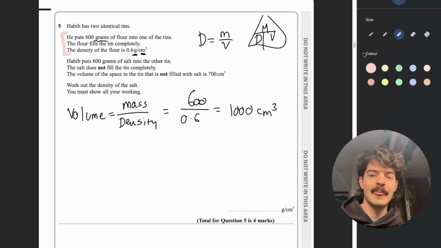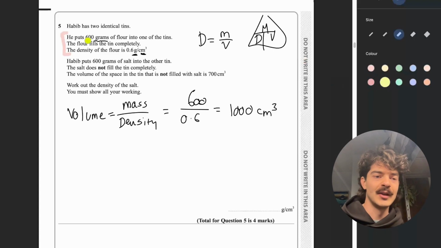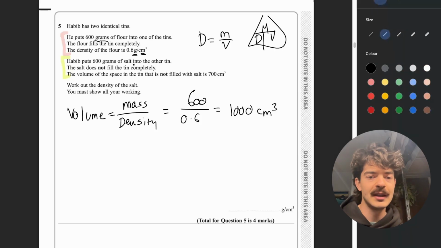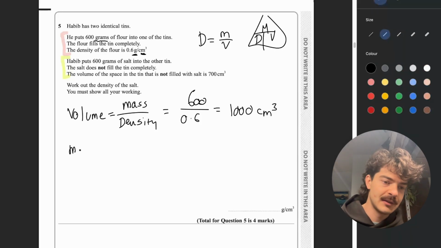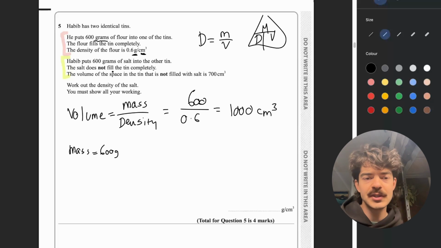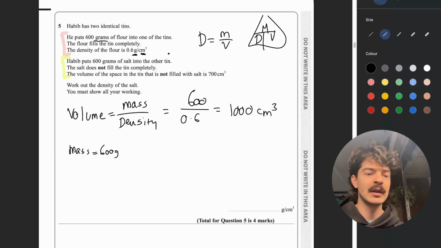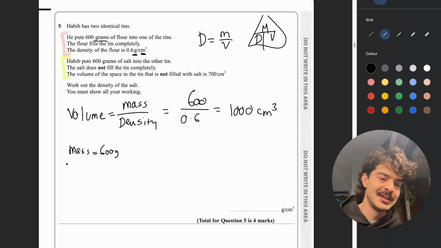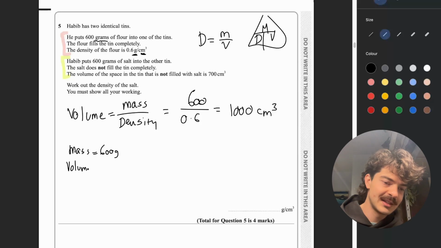Okay, the second part of this question then goes on to say, Habib puts 600 grams of salt into the other tin. So for this part, we've got a mass of 600, and the salt does not fill the tin completely. Interesting. The volume of the space in the tin that is not filled with salt is 700 centimetres cubed. So this is when we can work out the volume of space that is taken up.